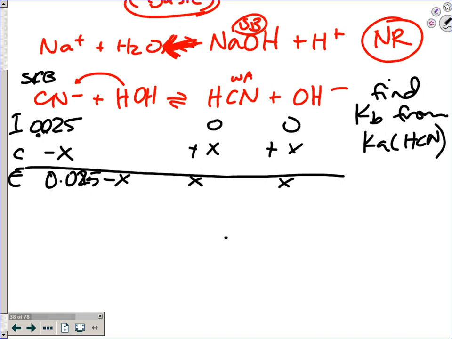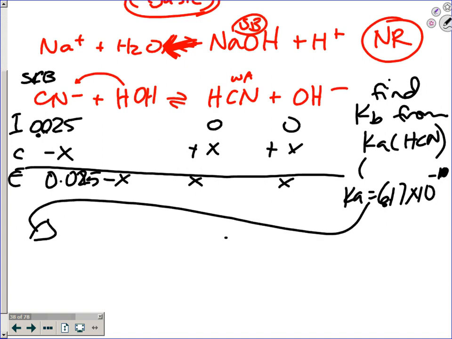So what is cyanic acid's Ka? Ka is 6.17 times 10 to the negative 10th. You guys gotta be louder for me, sorry. So this is negative 10. Okay, so find your Kb. How would you do that?